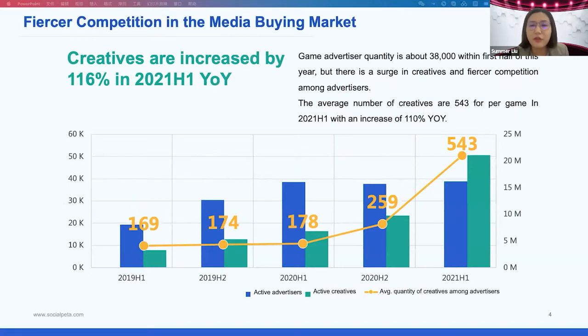According to our platform, SocialPeta, we can see that the active advertiser quantity of global mobile game is around 38,000 in the first half of this year. We can also see from this bar chart that the average creative quantity for each game grows every year and reaches 543 this year.